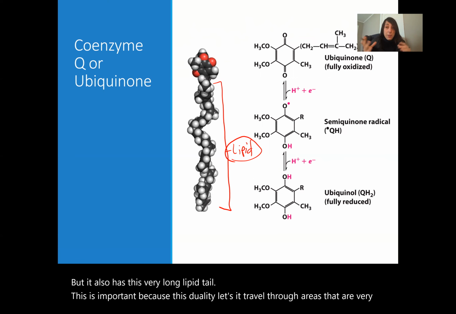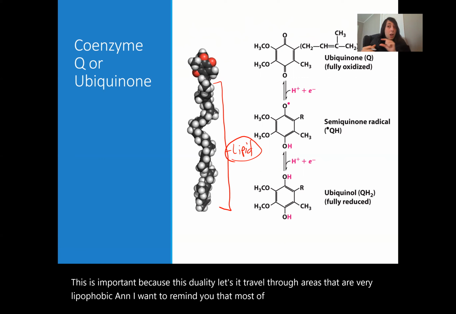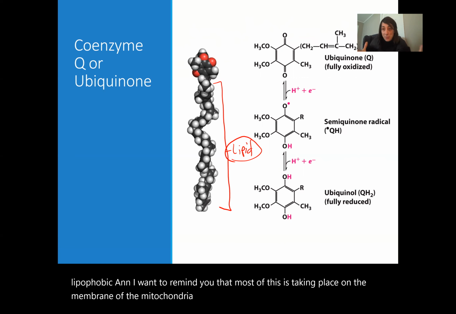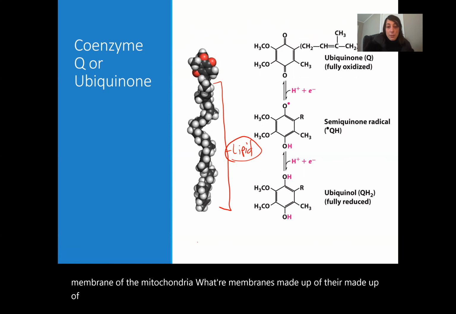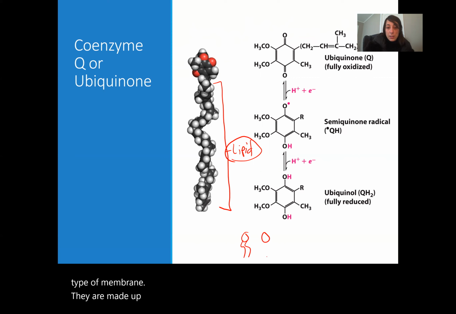And I want to remind you that most of this is taking place on the membrane of the mitochondria. What are membranes made up of? They're made up of lipids, right? Don't forget that when we talk about cell membranes, any type of membrane, they're made up of those phospholipid groups, right?